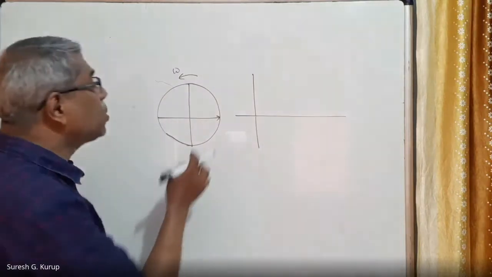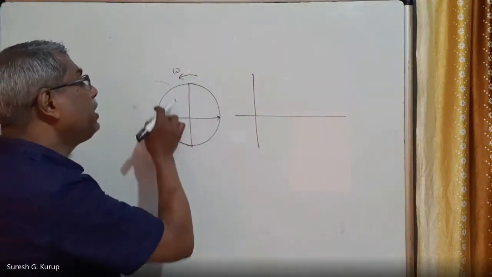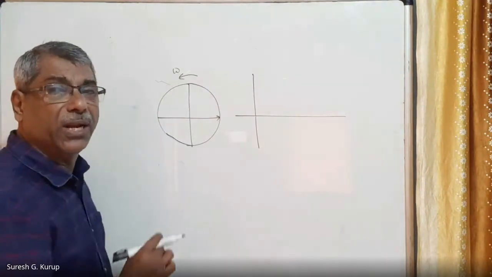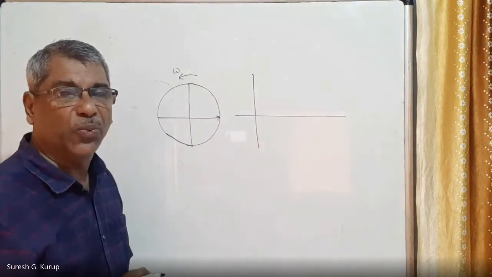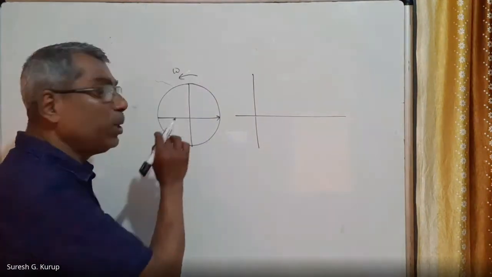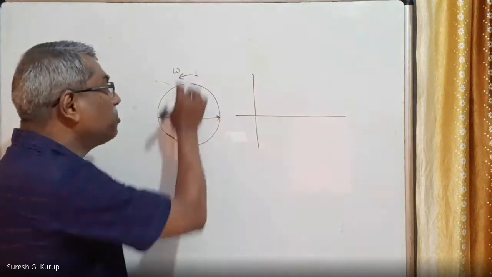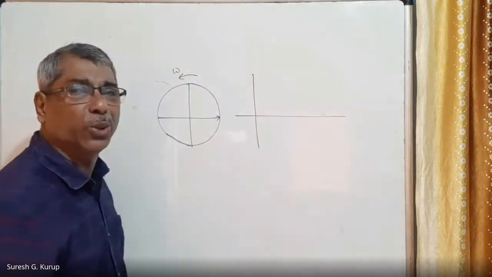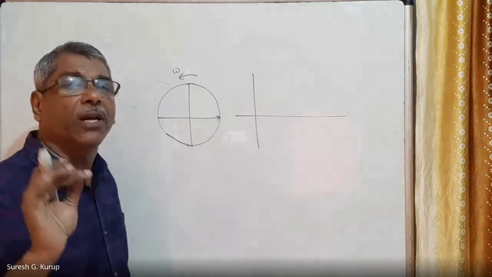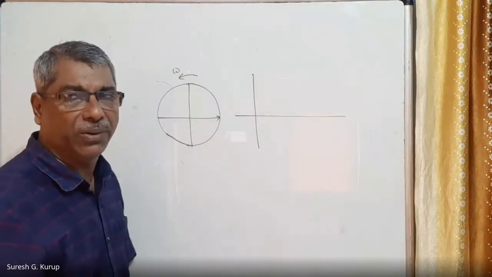When the phasor is rotating in the anti-clockwise direction, the projection of the phasor is obtained on the vertical diameter. This is vertical and this is horizontal. That projection will give you the clear picture of what is happening in the circuit.